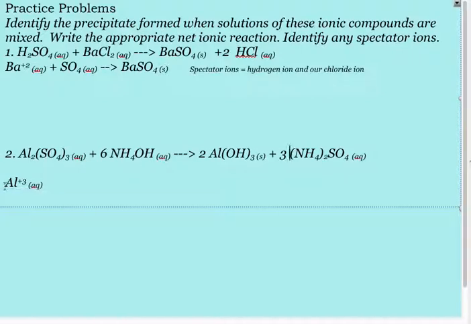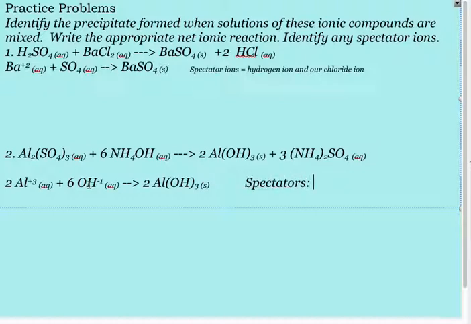So you would have 2 aluminum ions plus 6 hydroxide ions, and you would be forming 2 of the aluminum hydroxide solids. And again, your spectators would be sulfate and ammonium.